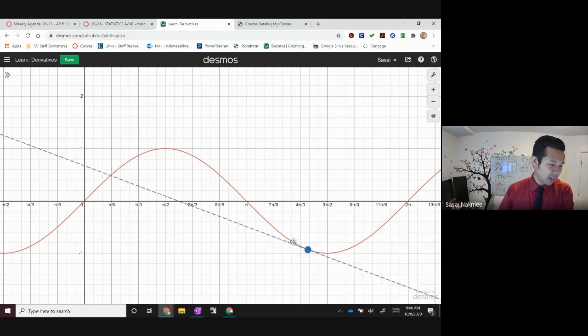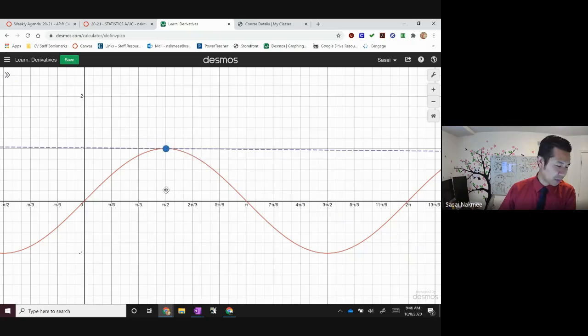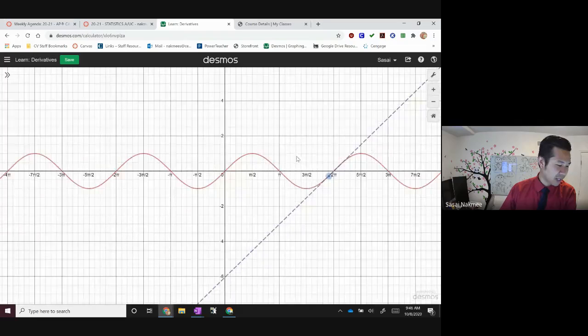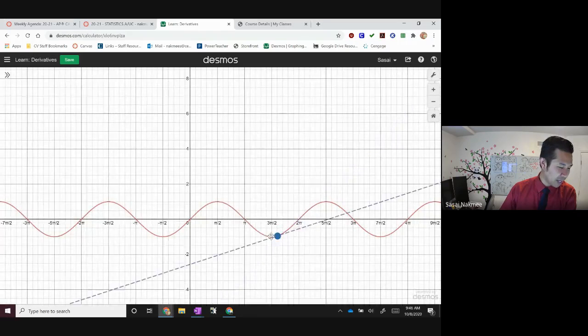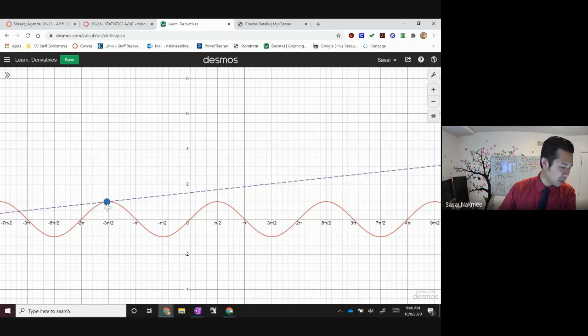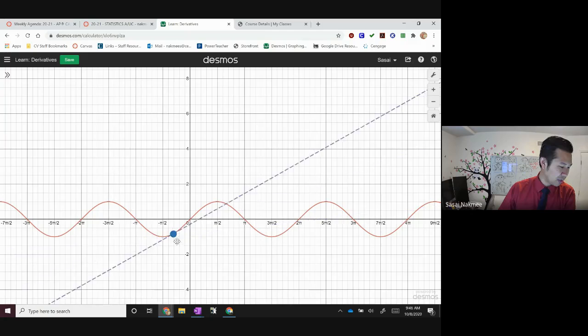So right here it is flat, and then it is negative, and then it's back to flat, and then it's back to being positive again. If you're looking at a sine function, it kind of repeats that everywhere it goes. The tangent line is just 0 here, and then negative, and then 0, and then positive, and then 0, and then negative.